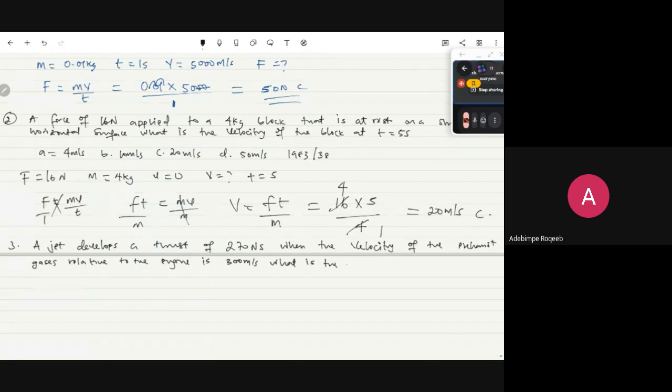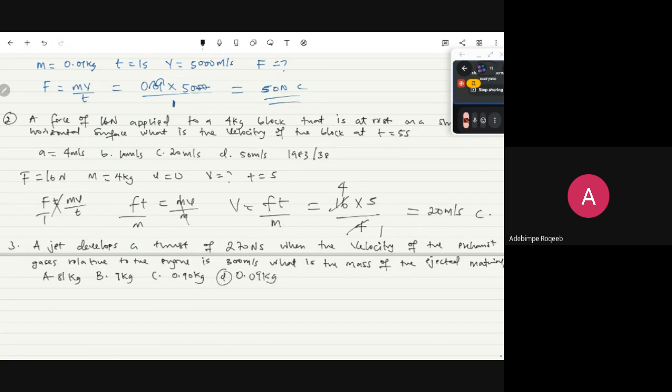What is the mass of the ejected material? A, 81 kilogram, B, 9 kilogram, C, 0.90 kilogram, D, 0.09 kilogram.